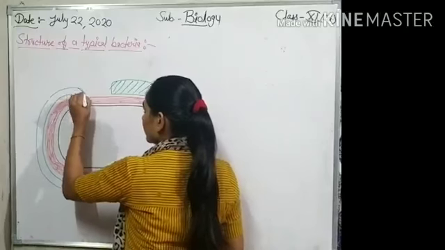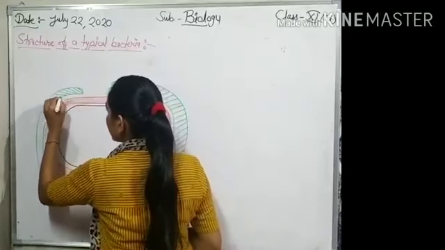Sometimes the capsule becomes loose, then it is called the slime layer.